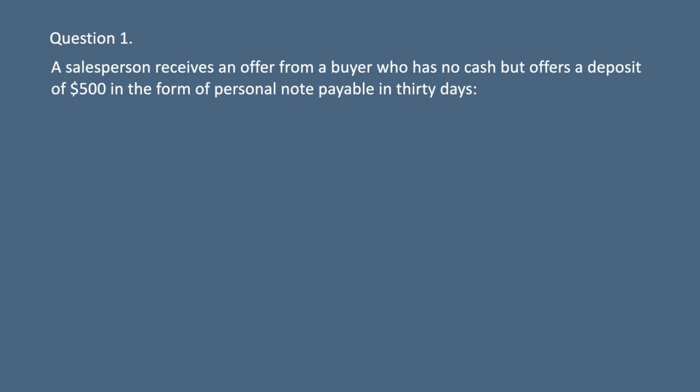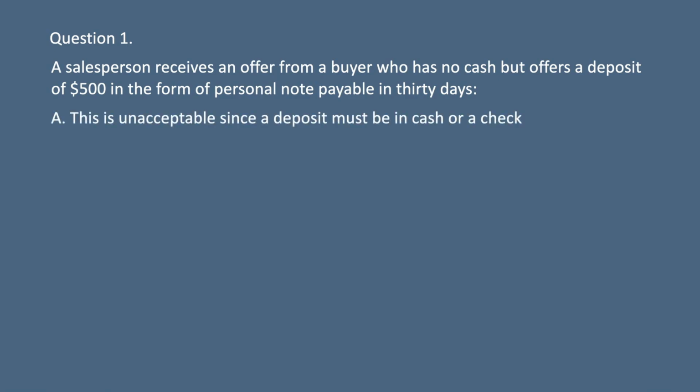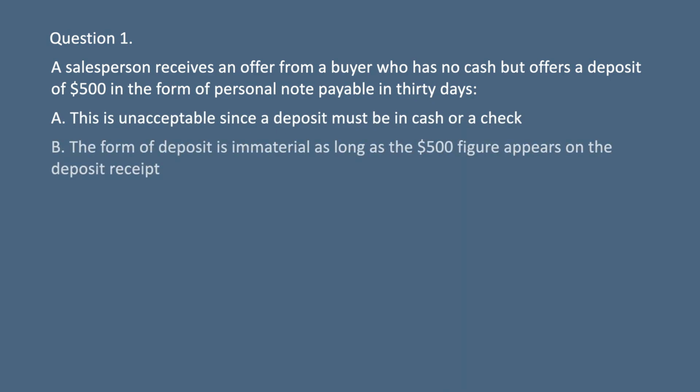Question 1. A salesperson receives an offer from a buyer who has no cash but offers a deposit of $500 in the form of a personal note payable in 30 days. A. This is unacceptable since a deposit must be in cash or a check. B. The form of deposit is immaterial as long as the $500 figure appears on the deposit receipt.